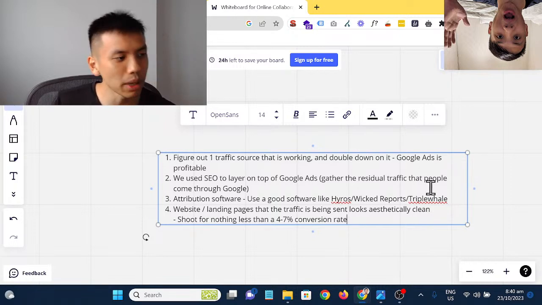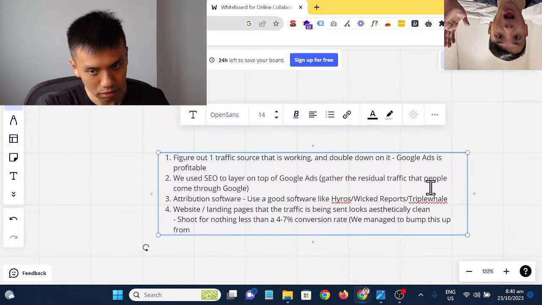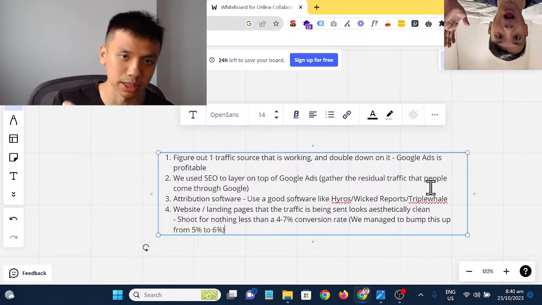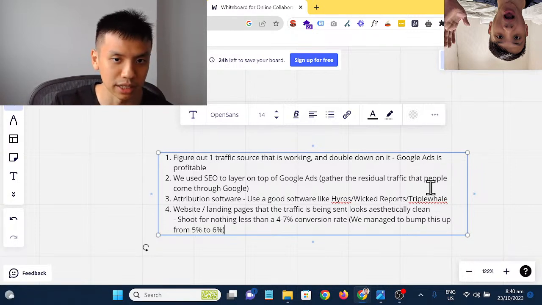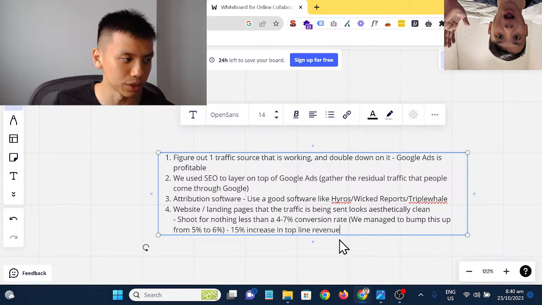So we managed to bump this up from 5 to roughly about 6%. Okay, and can you imagine, pushing it from 5 to 6% is somewhere around a 15% increase in top line revenue for all the traffic that you have driven.